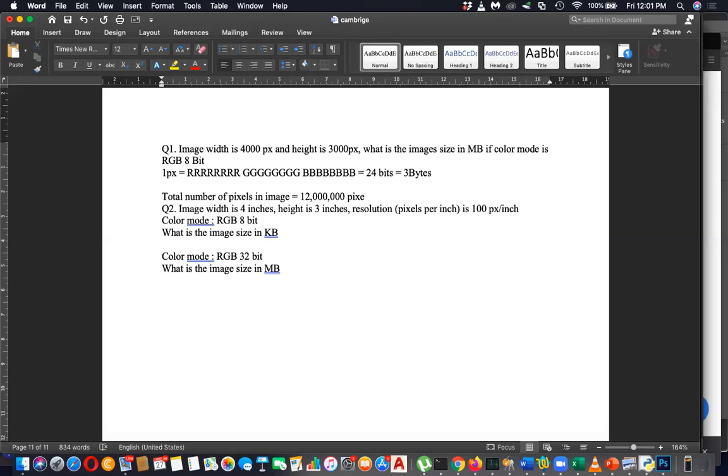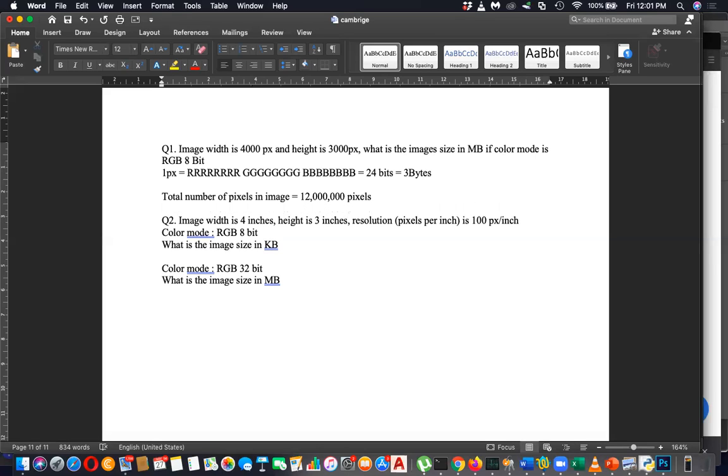So you have this number of pixels. This number of pixels means how many bytes? Then size equals the number of pixels times the size of one pixel. This is like the cupcake example I said: if one cupcake is 20 rupees, what is the price of 100 cupcakes?